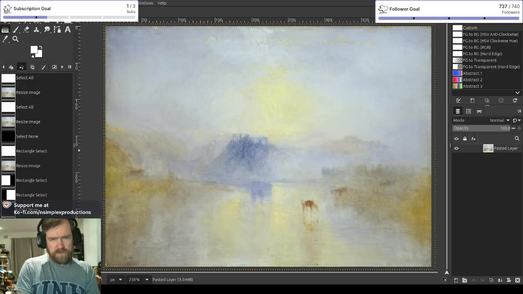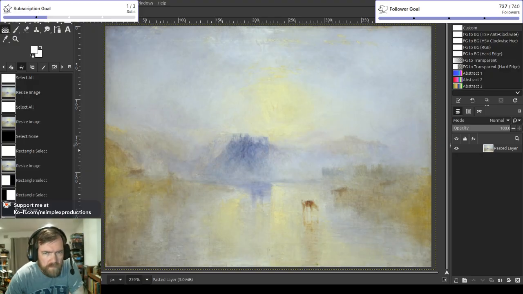What word did he use? Spectrometer, maybe. How do you determine color intensity?